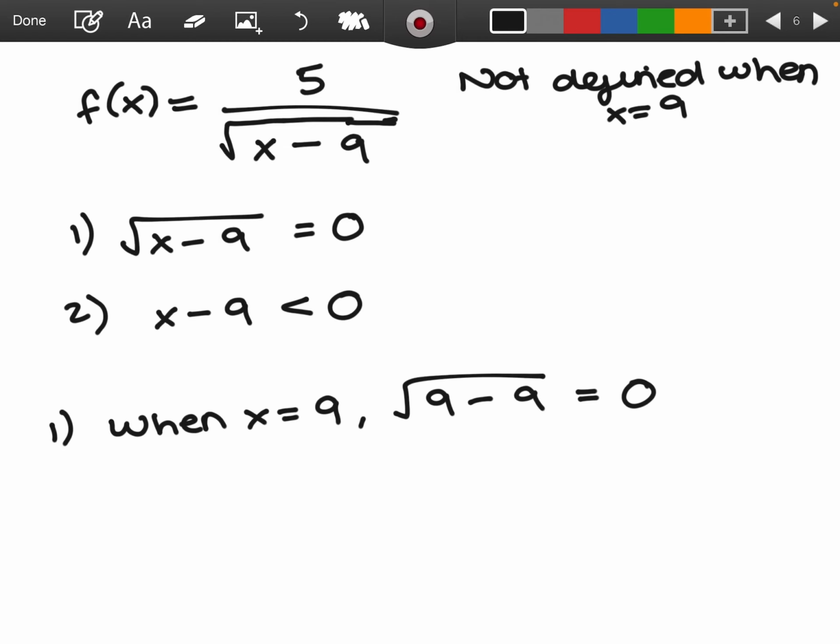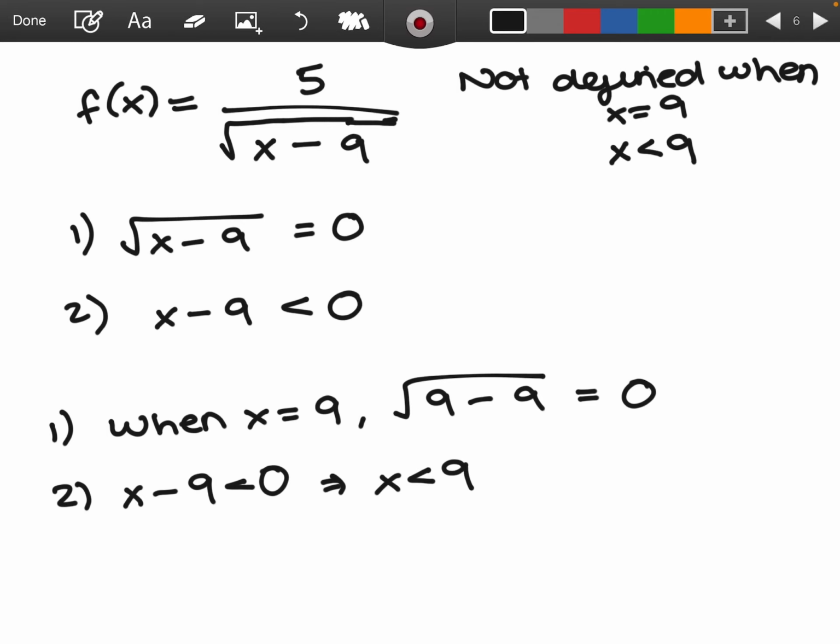Now I need to look at the next case where it's not defined, which is when that value under the square root is less than 0, where it's negative. So if x minus 9 is less than 0, that tells me, if you rearrange that inequality, that x is less than 9.